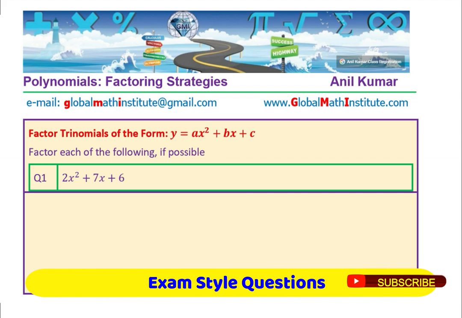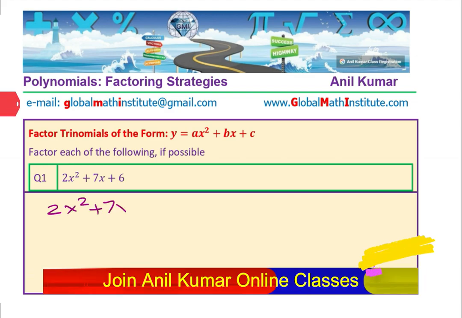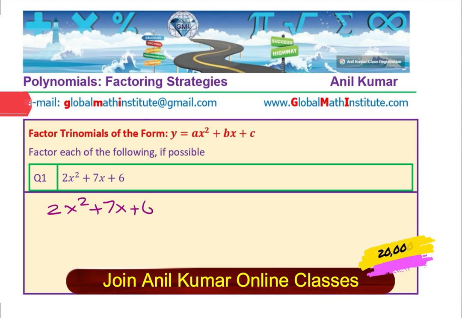The very first trinomial given to us is 2x squared plus 7x plus 6. The idea is to find two numbers, let's say p and q, whose product is the product of a and c. Let me write a general rule here.